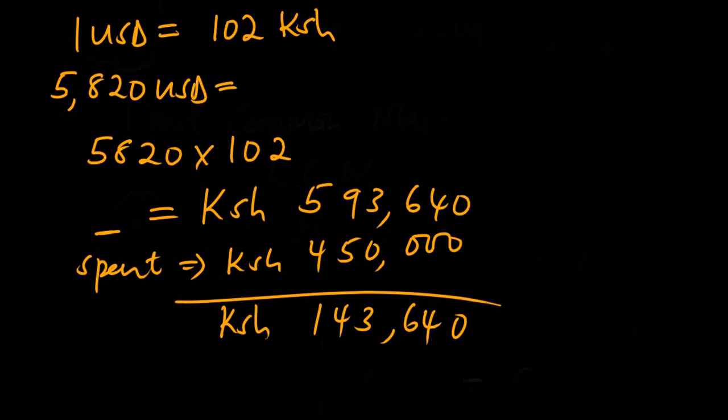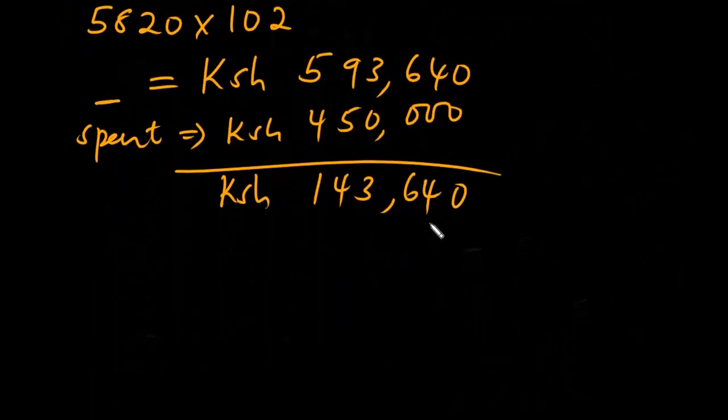So let's continue. After spending 450,000, this tourist converted the balance into dollars at the rate of 103 Kenyan shillings per dollar. So this is the money that remained in Kenyan shillings, and the tourist converted it back into dollars at the rate of $1 being equal to 103 Kenyan shillings.